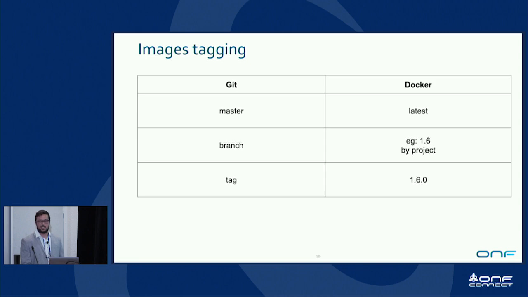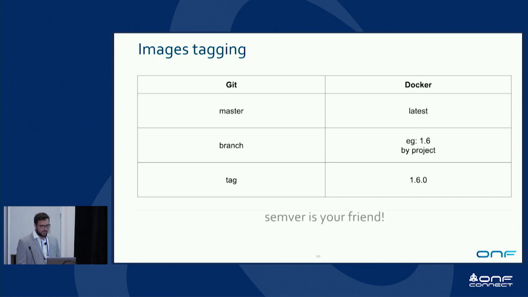They won't move in time, so anytime you download a 1.6.0, 1.6.3, 1.6.x, you'll get exactly the same image. And remember that, generally speaking, semantic versioning is your friend. So if you are using APIs that are in the 1.6 version, most likely they'll work with 1.7.